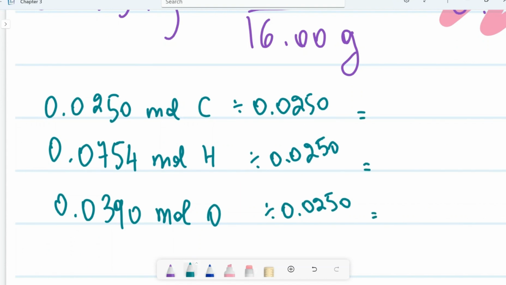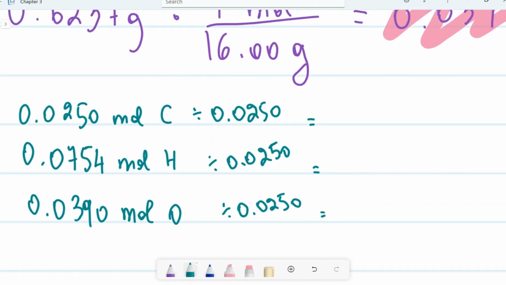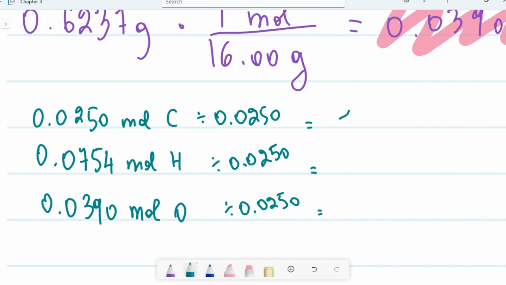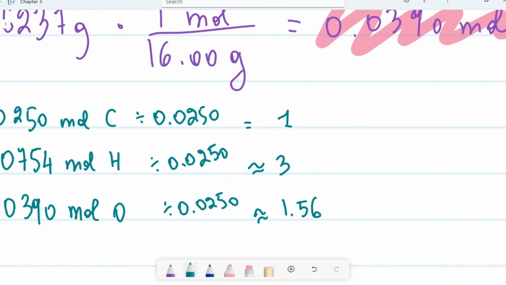Let's see what we get. For carbon, 0.0250 divided by itself is equal to 1. For hydrogen, 0.0754 divided by 0.0250 is approximately equal to 3. For oxygen, 0.0390 divided by 0.0250 is approximately equal to 1.5, or 1.56.